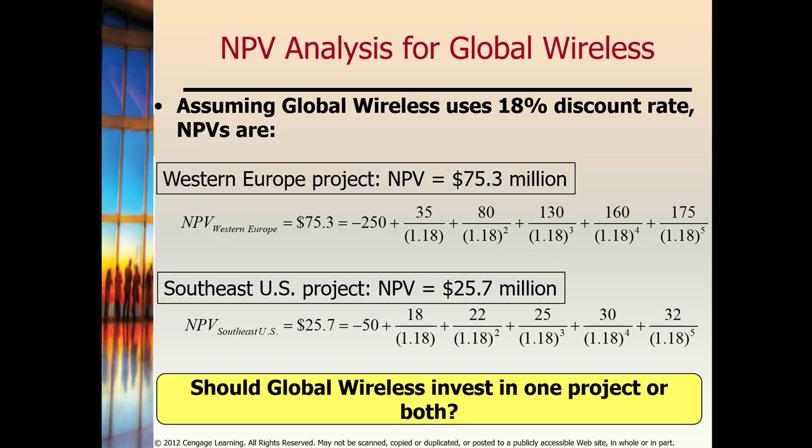Yes, it depends. If the company has a lot of money, for example, this project will invest 250 million and this one needs to invest 50 million, so if the company has more than 300 million available, they can invest in both projects. If the company has limited financial resources, then they have to decide which project to invest in.